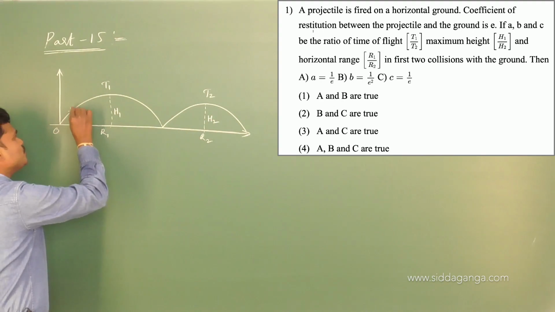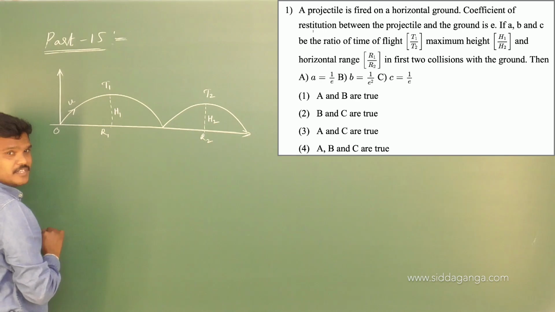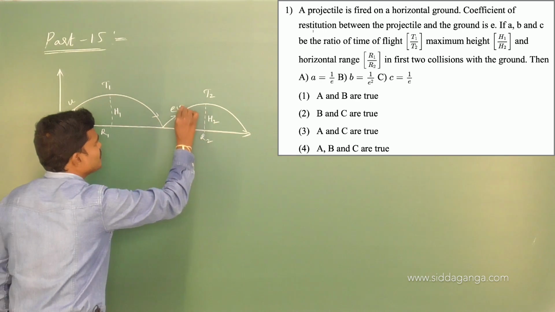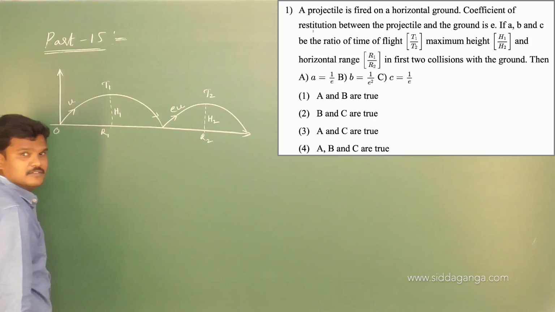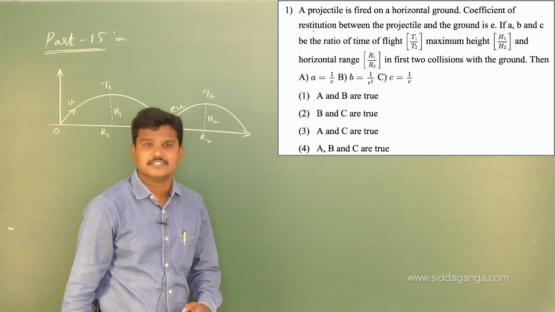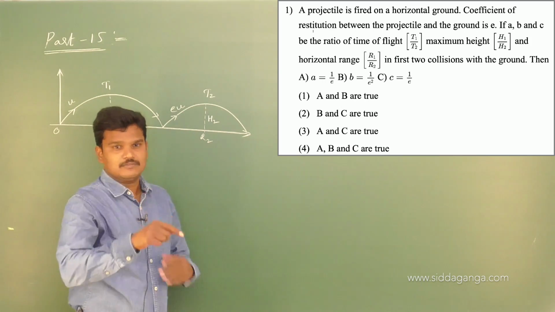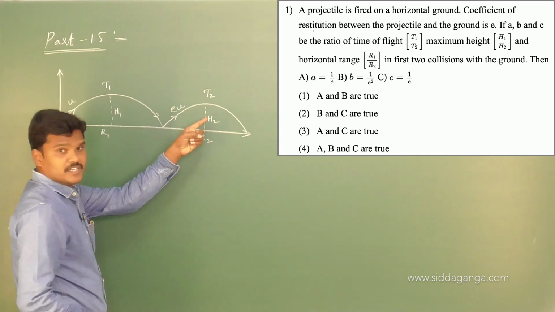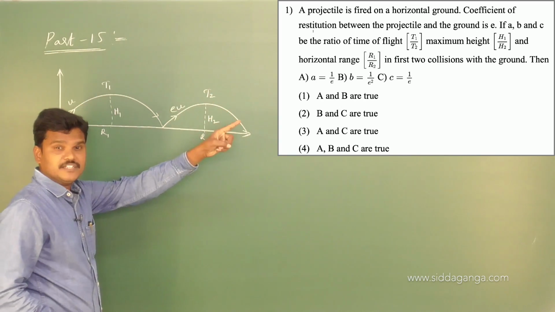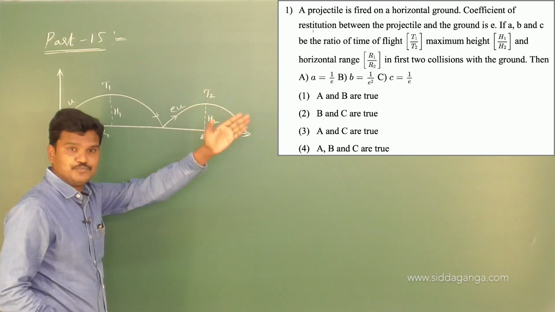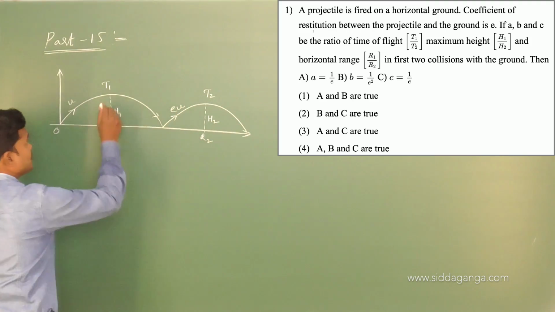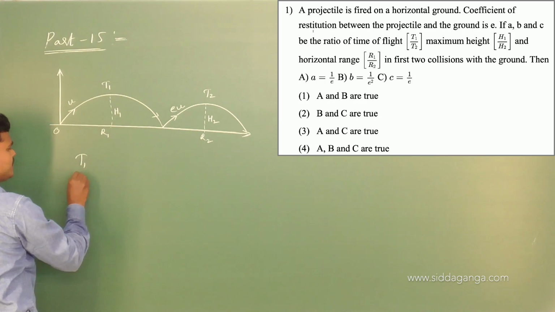We know if it is projected with a speed u, then after the first collision it will come out with a speed e times u. We know these things from previous classes. If a ball moves with a speed u, after the first collision it will come out with a speed eu, next e square u, e cube u, and it continues. Now let me verify what t1 and t2 are.